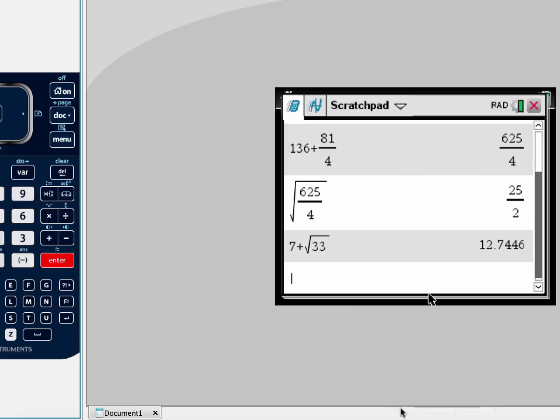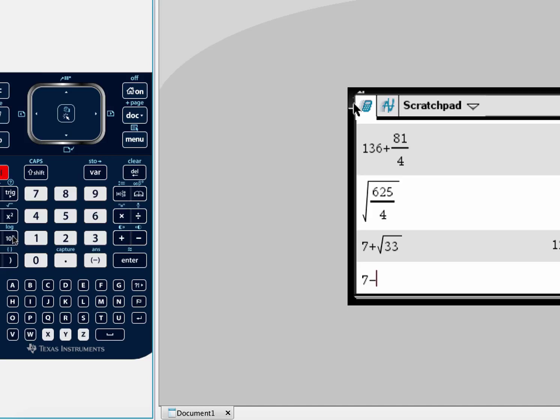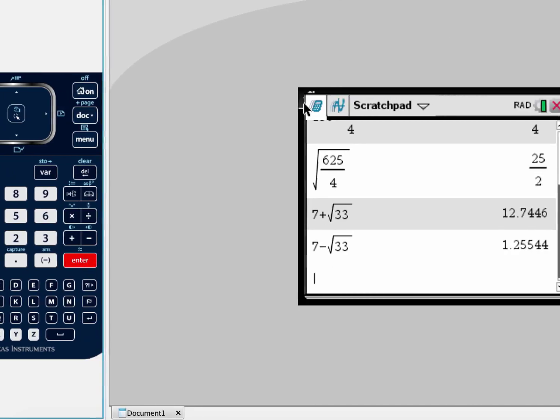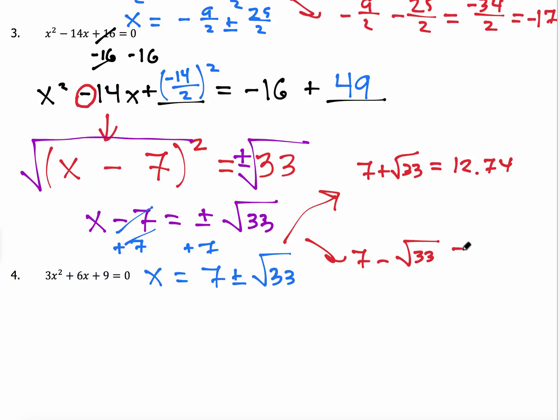And then 7 minus the square root of 33 is 1.26, if we're rounding to the nearest hundredth. So we have 1.26 and 12.74 for our answers.